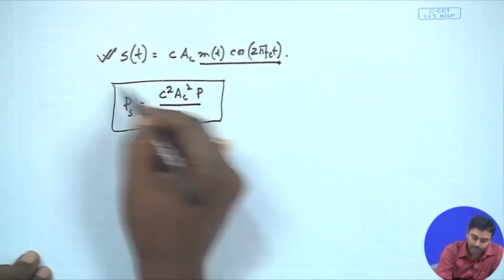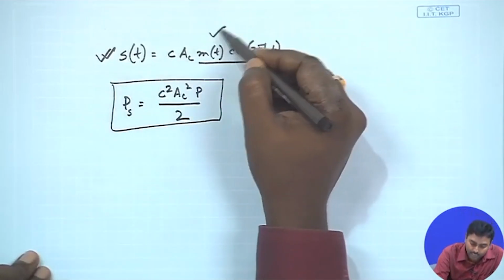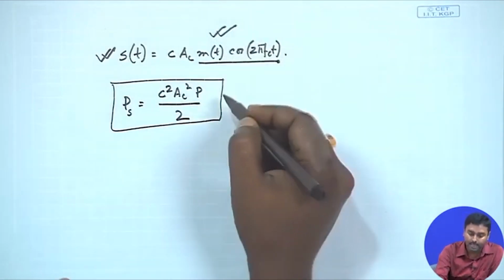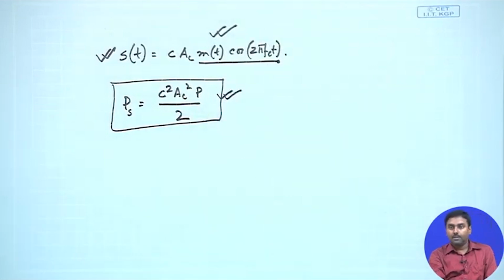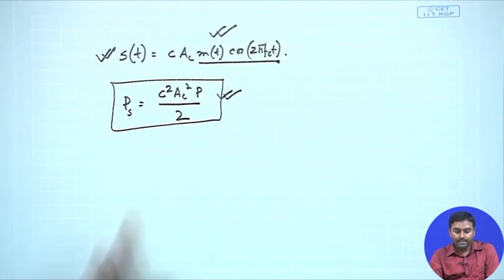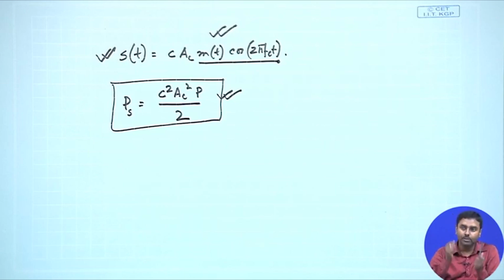That happens to be the power if I try to transmit this particular signal. What we have said already is that this power must also be launched when we do baseband, that reference signal, because we have to equate these two powers. In both cases, we need to put the same power.